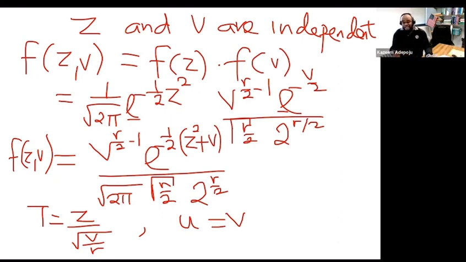So what is acting as my daughter now is u. Initially there was no u. We created u so that we'll be able to move from two variables, Z and V, to T and U. But in the end, I'm going to integrate out that particular u.